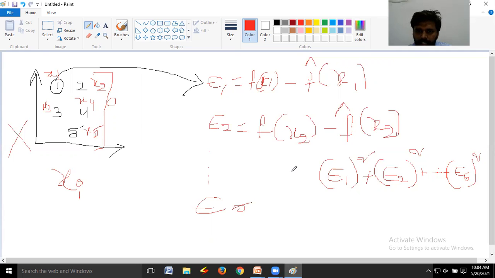See, this is represented in equation format like this. Here, instead of 1 2 3 4 5, we are using i equal to 1 to n. Suppose there are n instances on the instance space. Here our n value is 5 only, right?